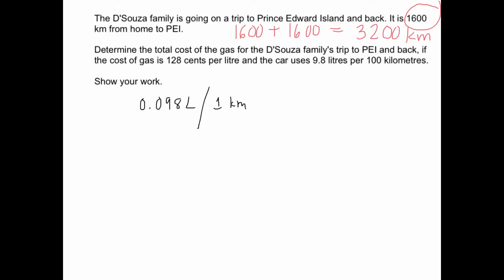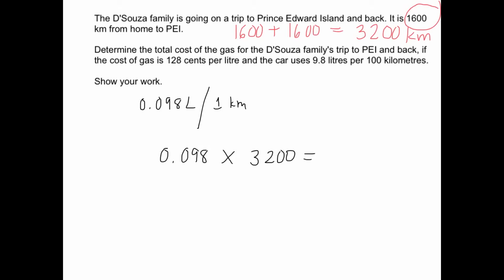Well, if the car uses 0.098 liters for 1 kilometer, how can we find out how many liters it uses for 3,200 kilometers? As the distance increases, the amount of liters must also increase. To show an increase, we're going to multiply 0.098 times 3,200, since we're increasing our kilometers by 3,200.